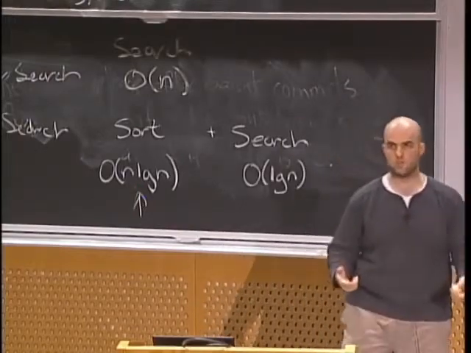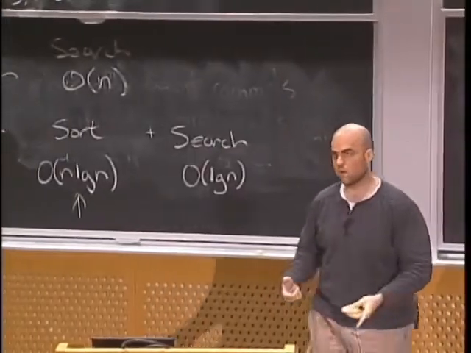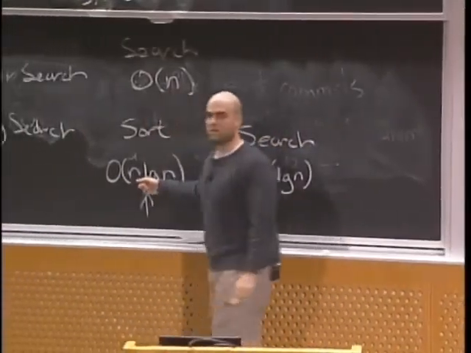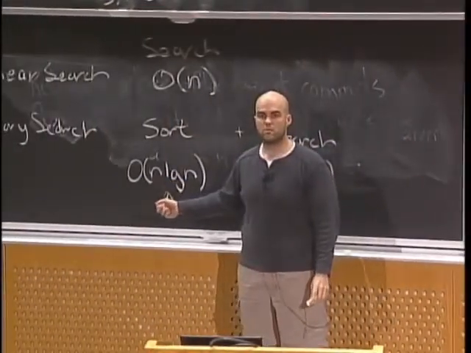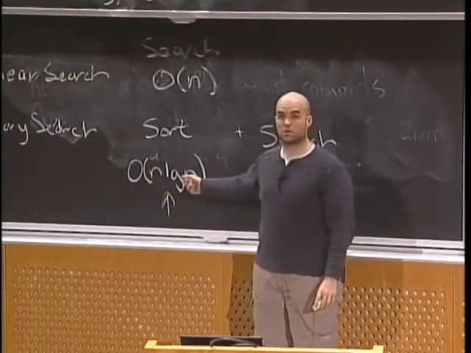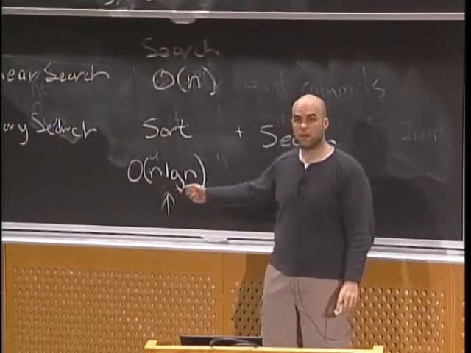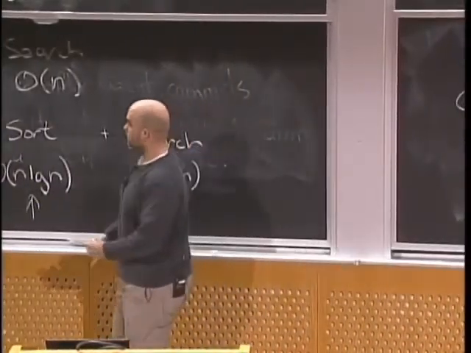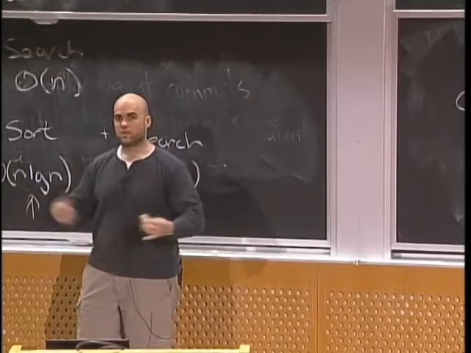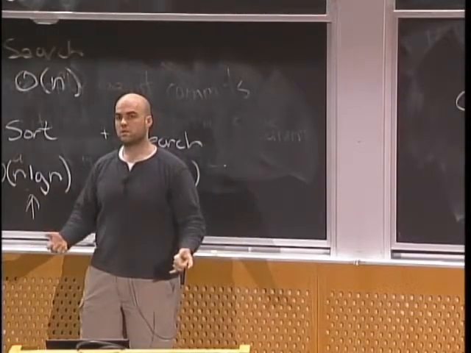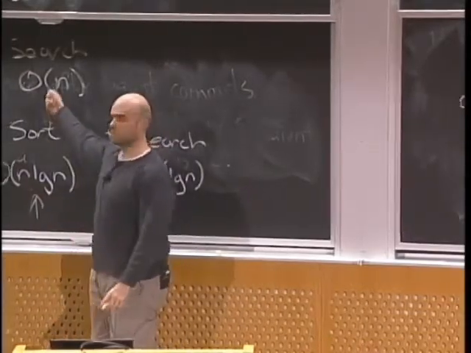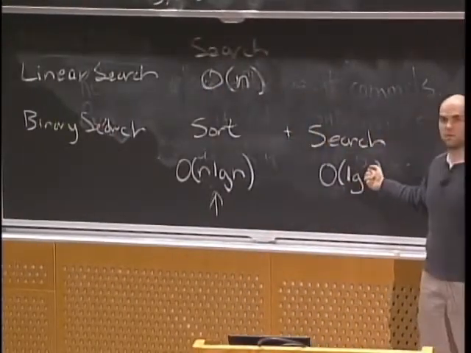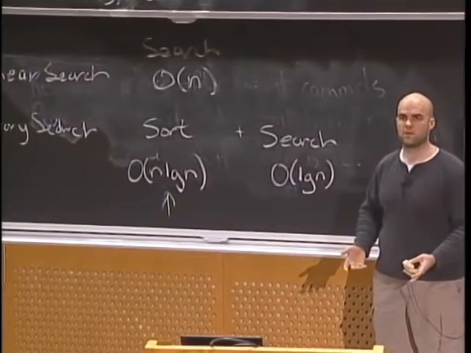But let's say that I'm going to do 1 million searches. Now, it might behoove me to actually sort this first, because I only have to sort the list once, and then I can do as many searches as I want. So, in the grand scheme of things, if I'm doing 1 million searches, then linear search is a really poor choice, and binary search would be my best option.